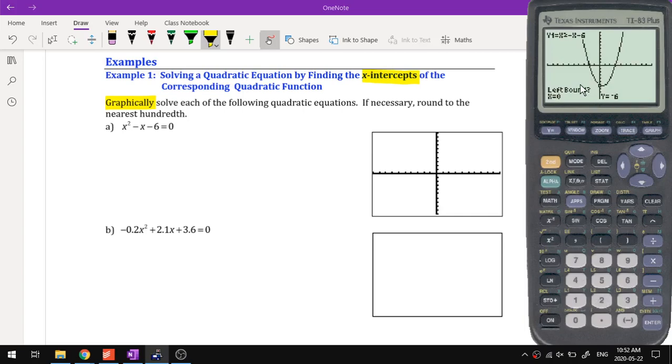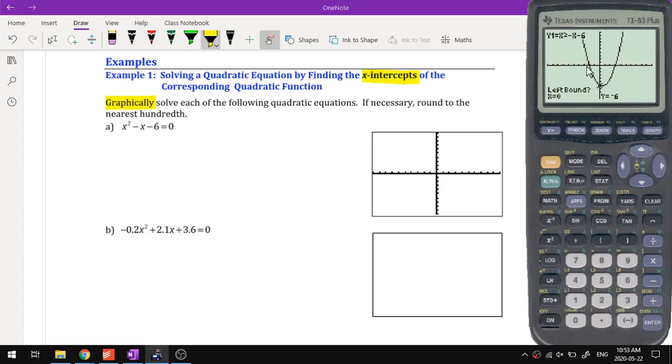And then it says left bound. What we want to do is move this little blinking cursor that I'm pointing to the left of one of the x-intercepts. We can choose which of the x-intercepts we are finding first, but the bottom line is we have to do this twice. The calculator is only able to find one x-intercept at a time.